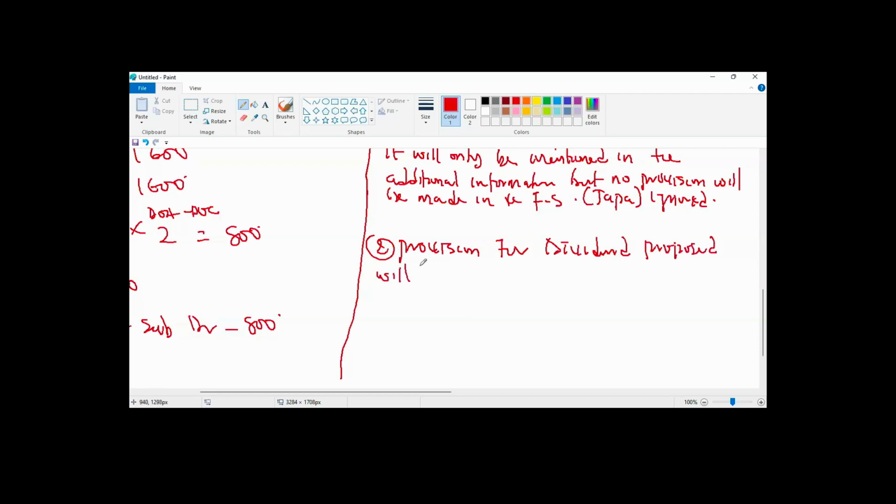It will be provided for in the financial statements.